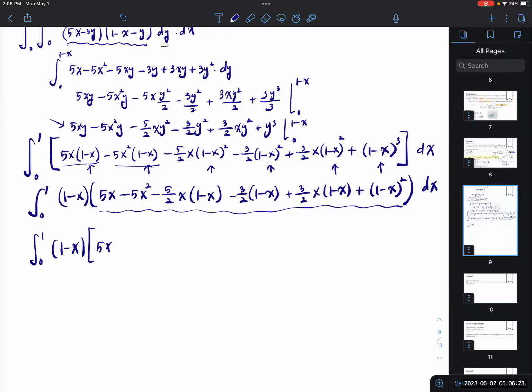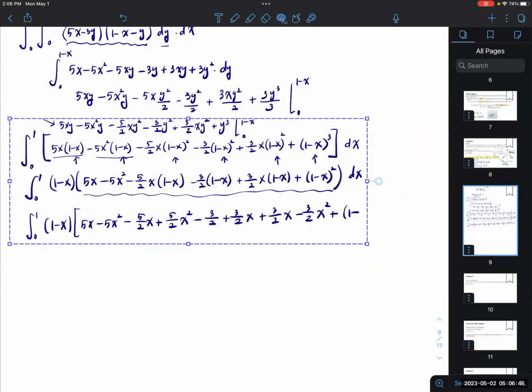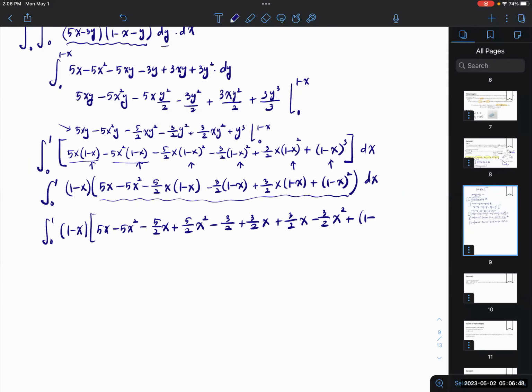So 5x minus 5x squared, minus 5 over 2 x plus 5 over 2 x squared, minus 3 over 2 plus 3 over 2 x, sorry, 3 over 2 x minus 3 over 2 x squared, and then 1 minus 2x plus x squared.